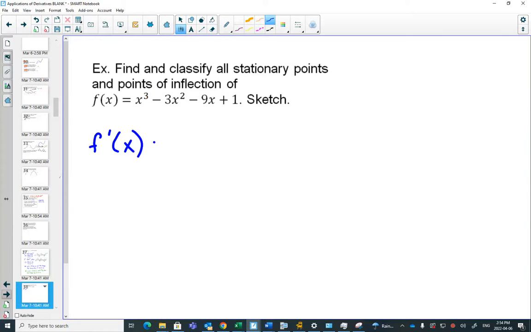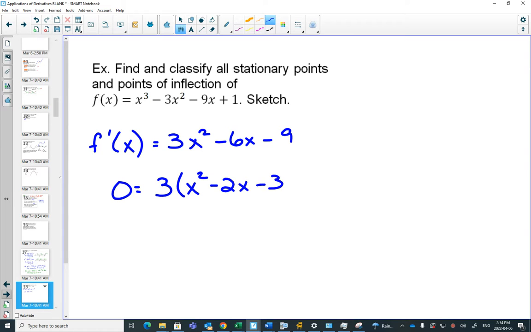You find your derivative, 3x squared minus 6x minus 9, set it equal to 0, can factor out a common factor of 3. This factors nicely.